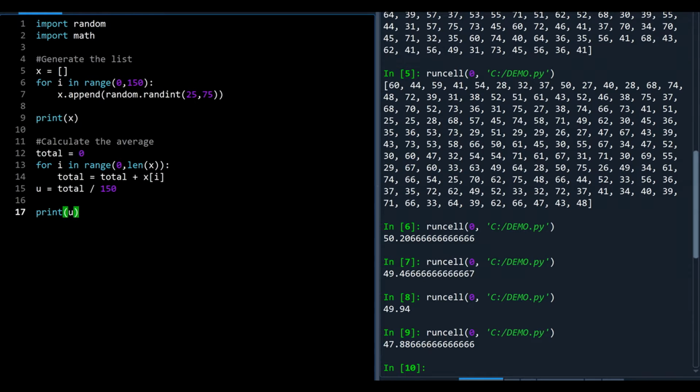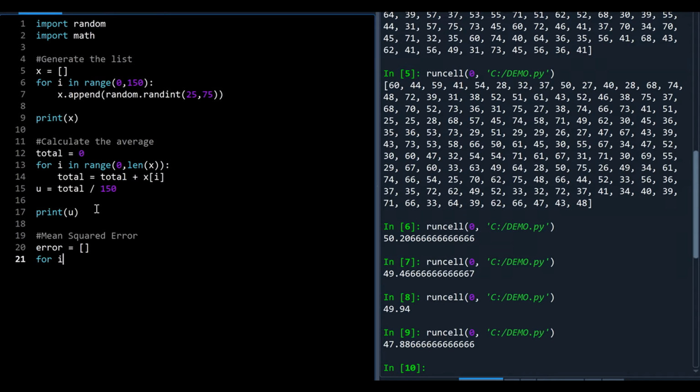That does make sense. Okay, now I have to do the mean squared error. So I said to generate a new list, an error list, equal to the difference between the original list and the average, squared.